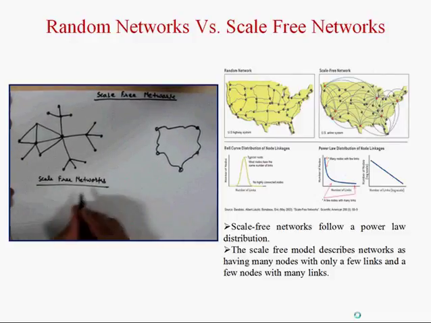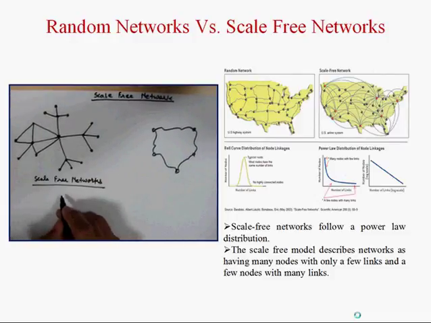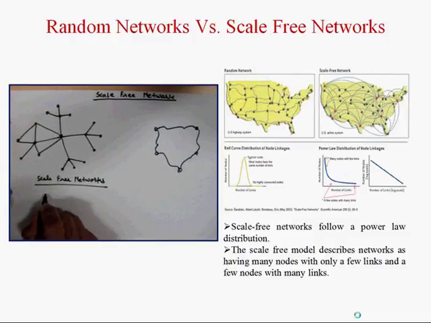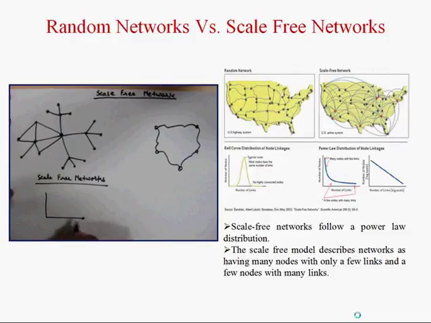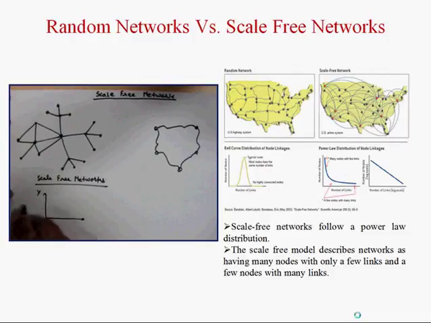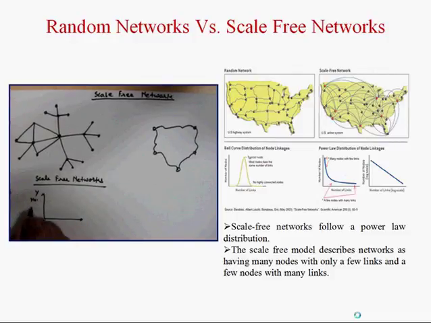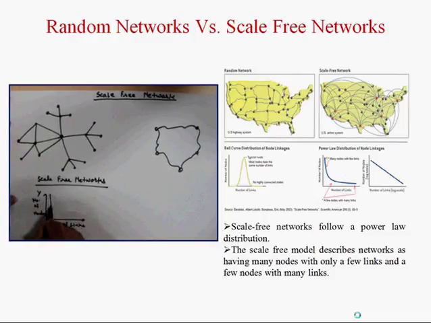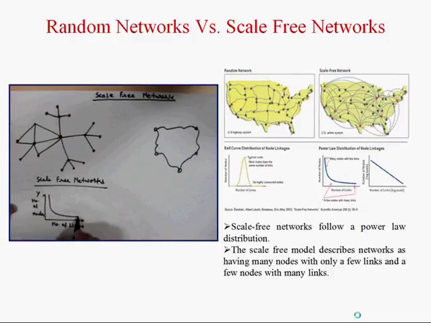If we represent such kind of networks through XY plotting, with Y plot as a number of nodes and X plots as a number of links, then we will get a curve like power law distribution.